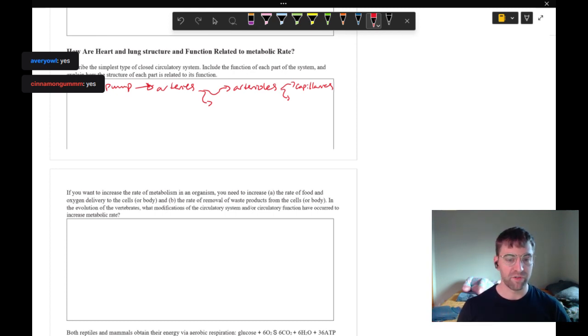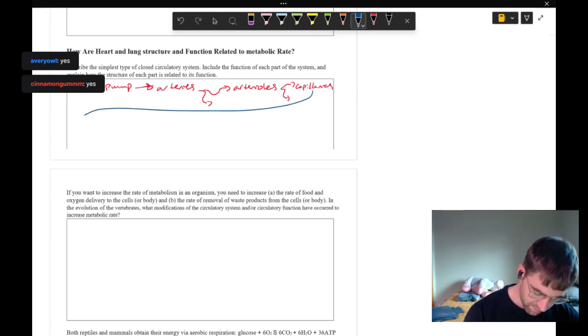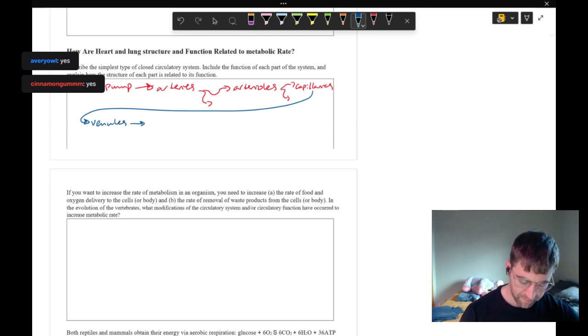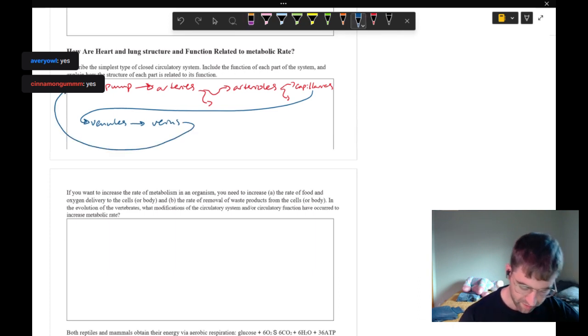CO2 and other waste products move into the blood. So from the capillaries, the blood continues into venules, into veins, back to the heart.